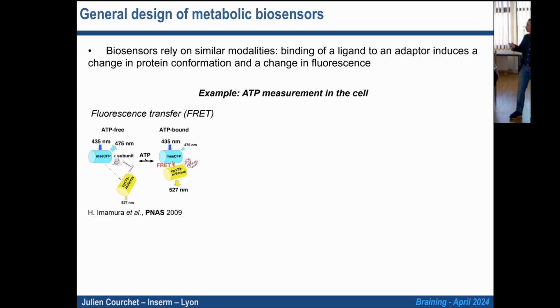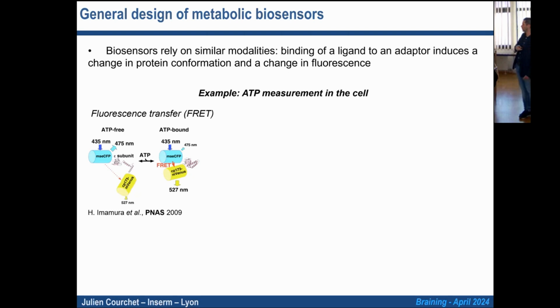The nice thing is that those fluorescent molecules can actually communicate with one another, because light that is emitted by this molecule is more energetic than the light that you need to turn on a yellow fluorescent molecule. So the whole principle of FRET is that if the two molecules are close enough, then some part of the energy that is released by the cyan fluorescent protein will be caught by the yellow fluorescent protein and used to emit some yellow light.